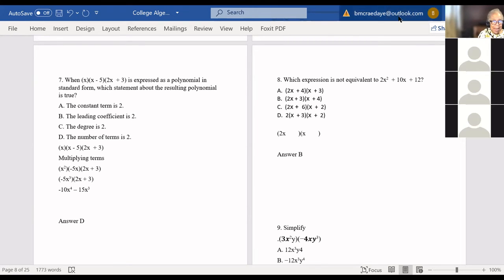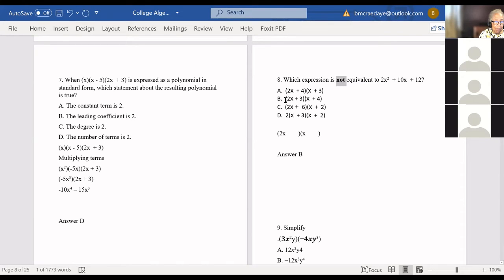See right here? I was showing you A comes out with a 10x. So it says not equivalent. This one is equivalent. So not equivalent has to be B because you get 4, you get 8.